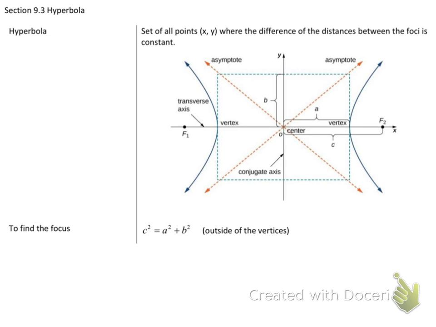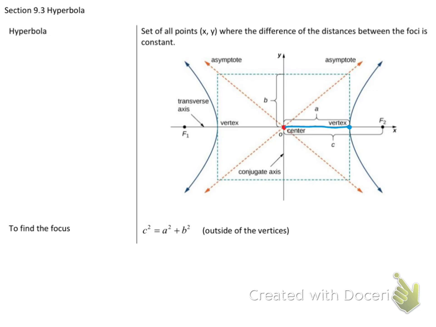Basically, what we have here is a pretty similar looking equation to the other ones. We have our center, which is still identified as (h, k). That's not different. We also have our vertices, still identified by a, and that is that a distance right there.